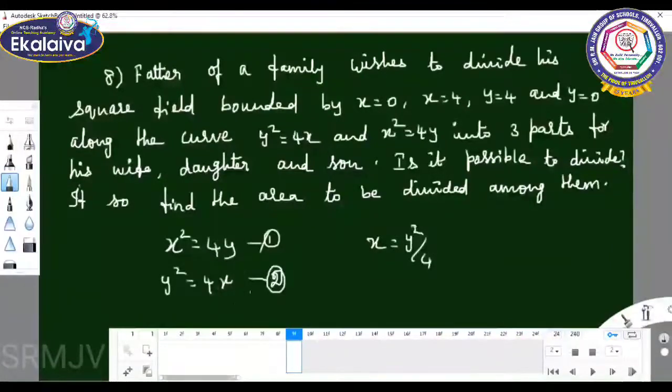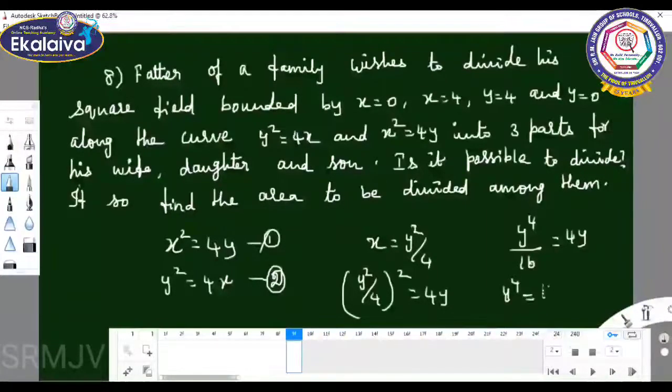Substitute in the first equation: y square by 4, the whole square, equal to 4y. So y power 4 by 16 equal to 4y. Y power 4 equal to 64y. So y power 4 minus 64y equal to 0.